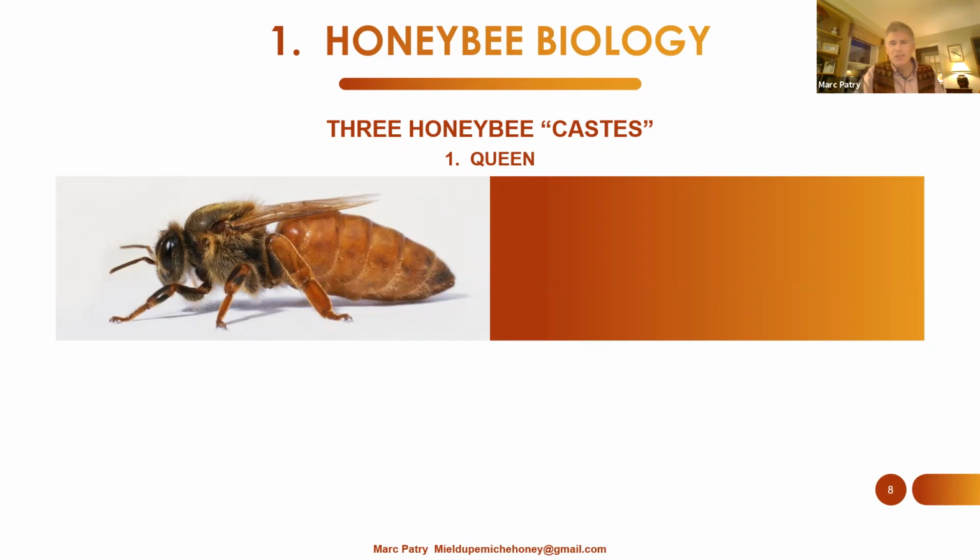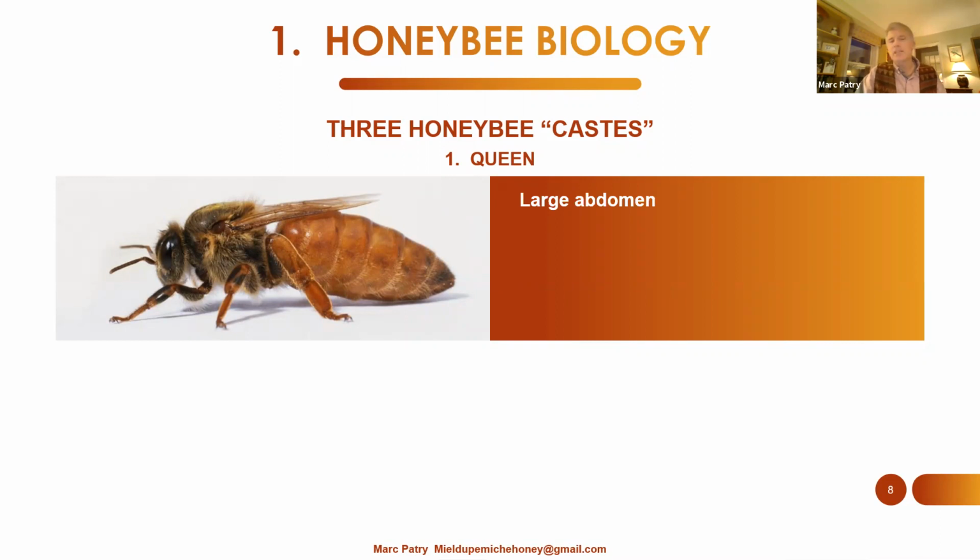The not so serious researchers would see the queen and call it the king, and they tried to make parallels between how the hive was organized and how society was organized. You have the king, and then a lot of workers who followed and listened to the king. These are interesting ways of looking at things. We know better today that these are queens.